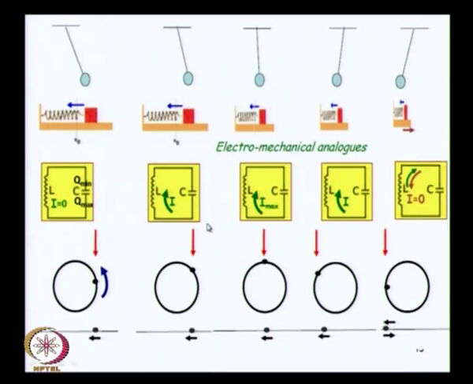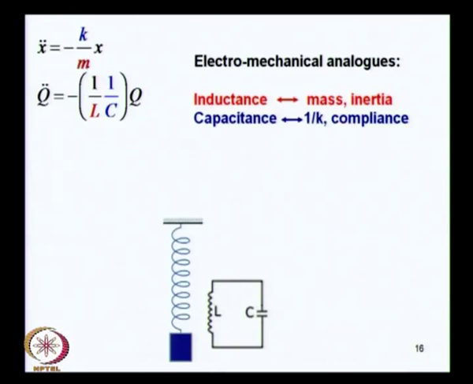So these are the electromechanical analogues, and you see it in the equation of motion. In the mass spring oscillator the equation of motion is given by the acceleration equal to minus k over m times x, and in the LC circuit the second time derivative of the charge, like the second time derivative of position, is proportional to the corresponding quantities, x over here, q over here.